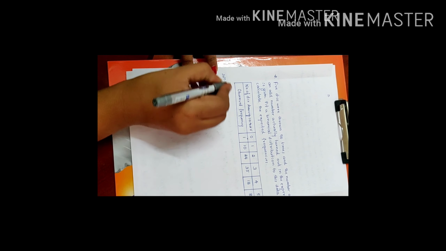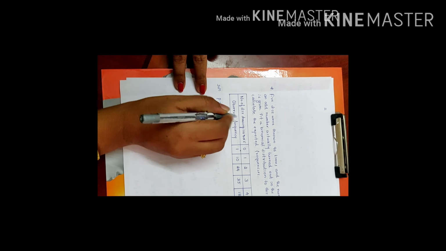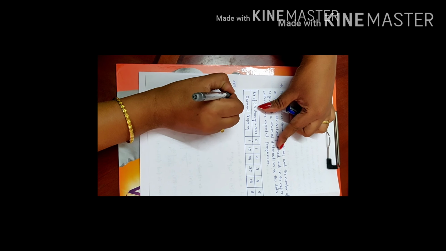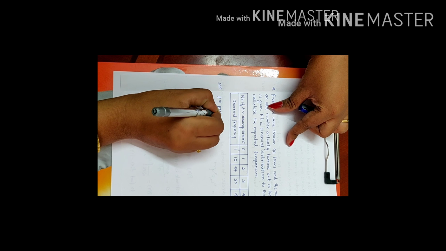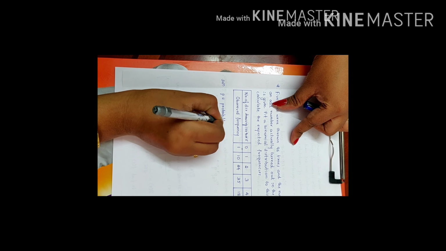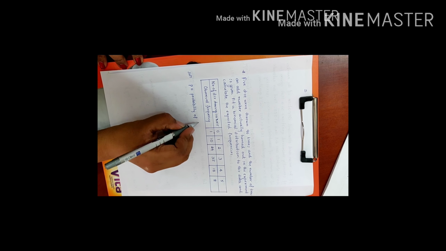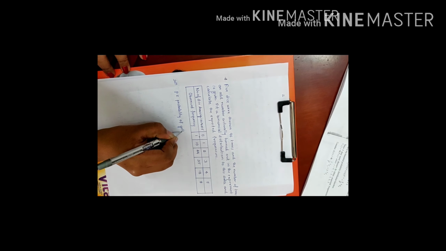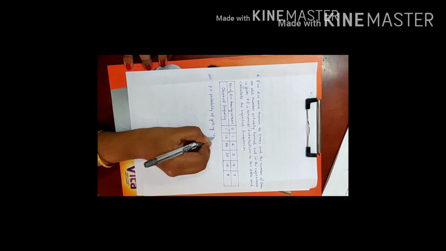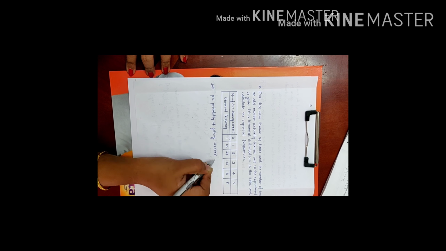So using the given data, first we need to find the binomial probability distribution function, and later using that function find the expected frequencies. So solution: let p be the probability of getting 1 or 3 or 5.